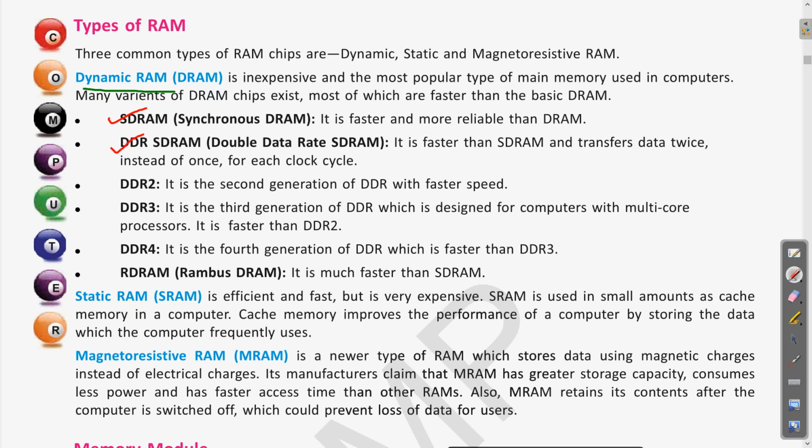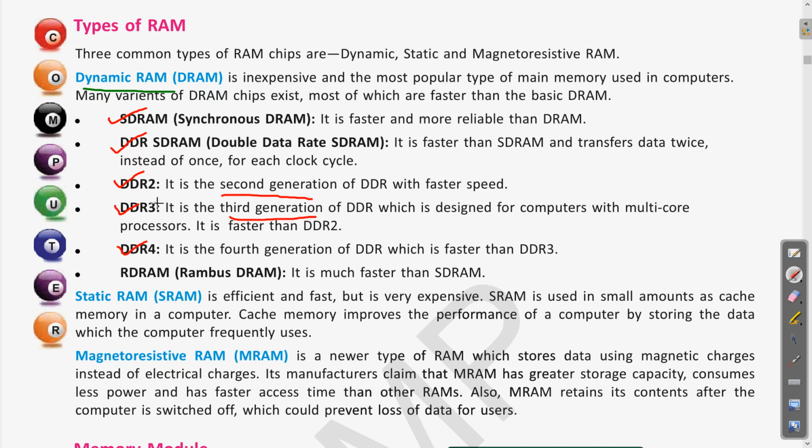Then we have the different versions, that is DDR1, DDR2. What are these? These are the different generations of DDR, that is double data rate synchronous dynamic RAM. Clear? So we have DDR SDRAM, that is double data rate, then DDR2, the second generation, and DDR3, the third generation.